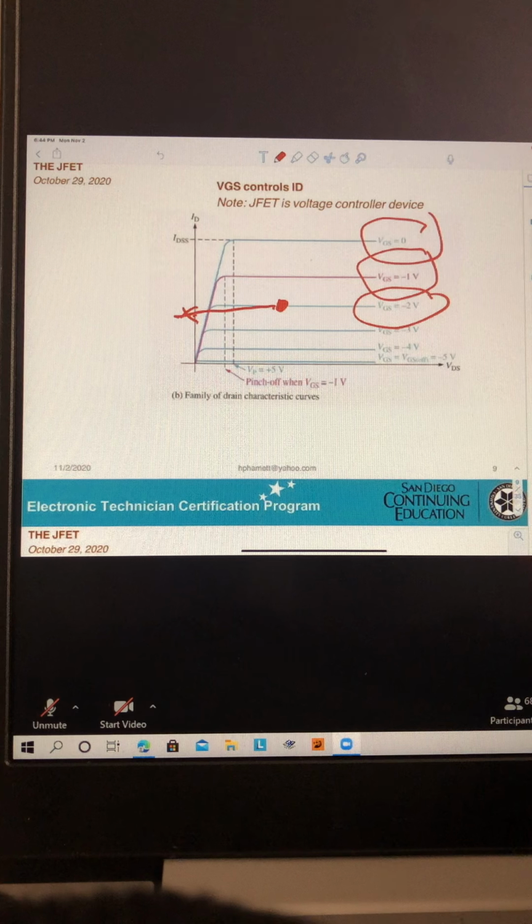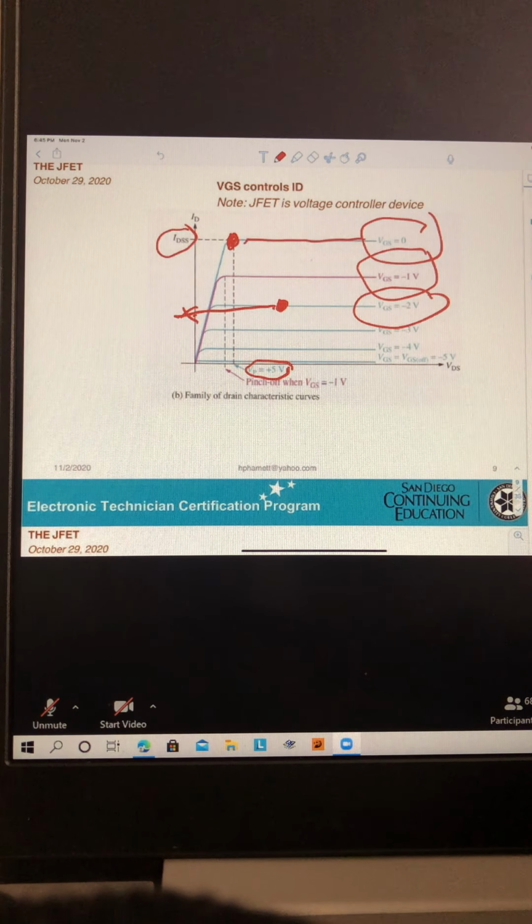Now when you go up to this point right here and go down, you can get VP. VP equals 5 volts. That means at that 5 volts, the current will be equal to IDSS. That's a constant right here.